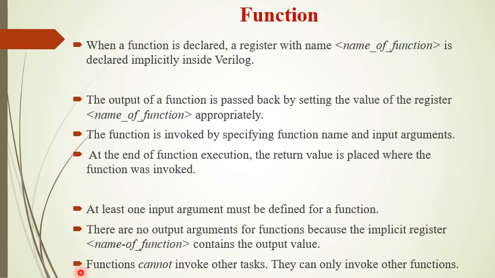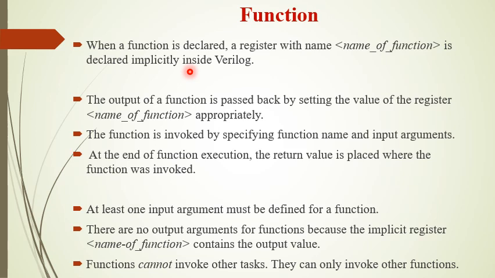Some more features of the function. When a function is declared, a register with the name of the function is declared implicitly inside Verilog. We have already seen that a function can pass any number of input arguments.